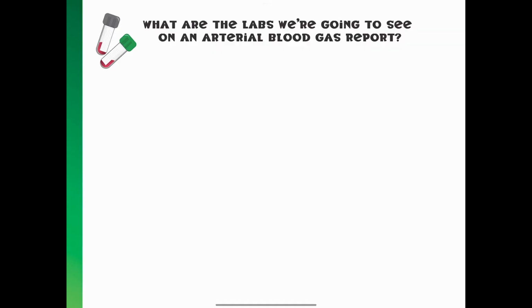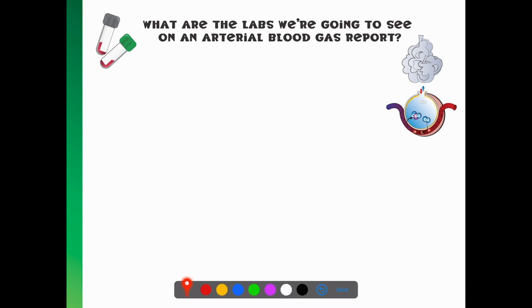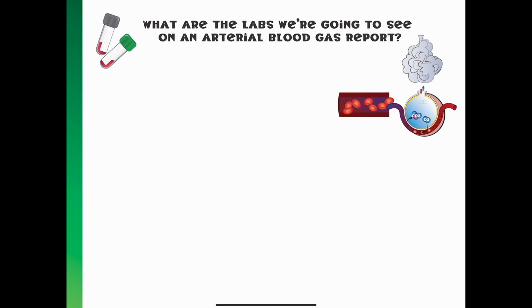So what are the labs that we're going to see on an arterial blood gas report? Well, this is going to tell us the efficiency of the lungs, the gas exchange that's going on. So we're breathing in that oxygen and we're exhaling the carbon dioxide. If we remember from our other lessons, this is the diffusion that's going on. In addition, it's also going to tell us what's going on in our bloodstream and how much potential bicarb is inside our bloodstream.